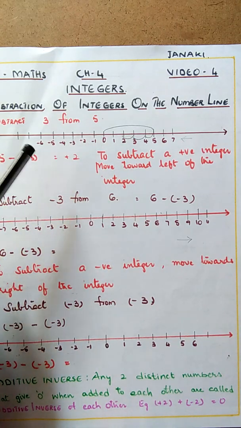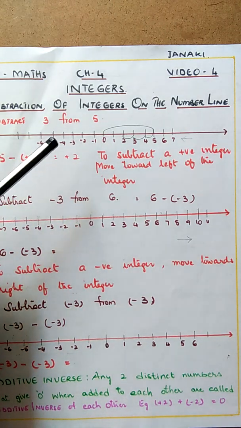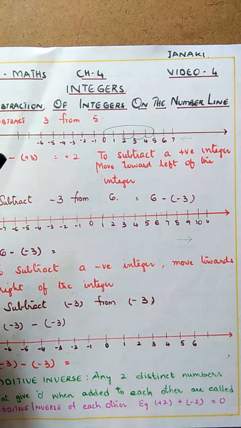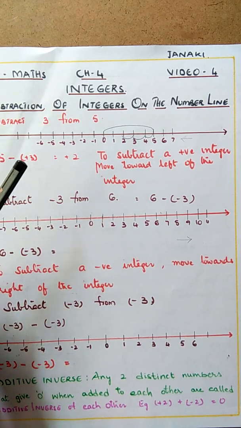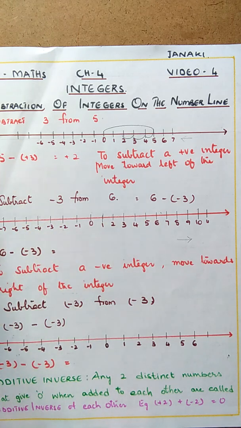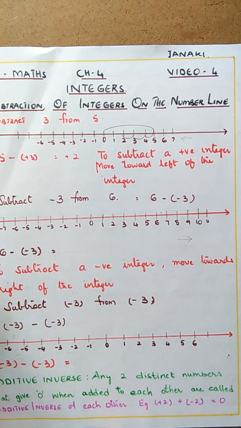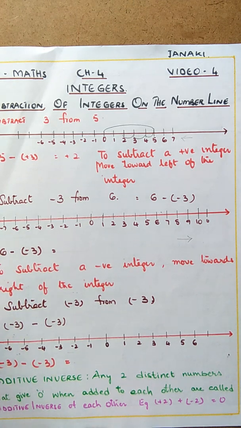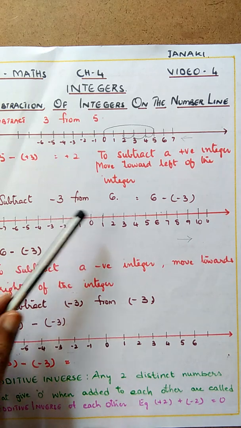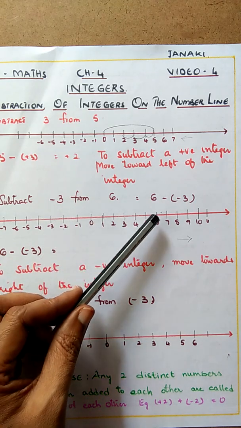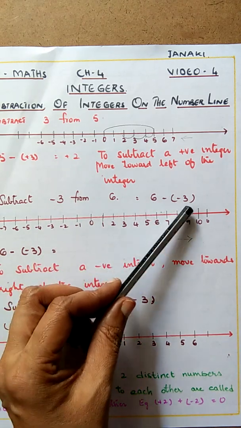It's a positive number. So when you are subtracting a positive integer from a positive integer, then move towards left. Okay. This is very, very important. This you have to bear in mind. Now let us take another example. Subtract minus 3 from 6. That is 6 minus minus 3.